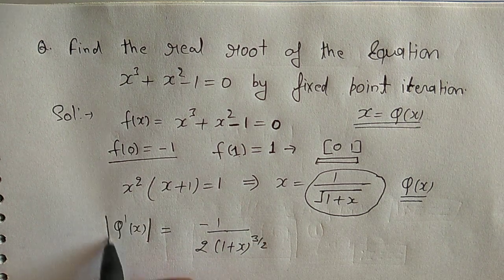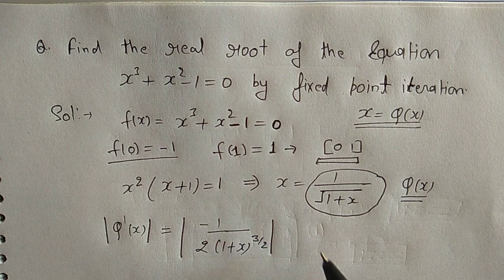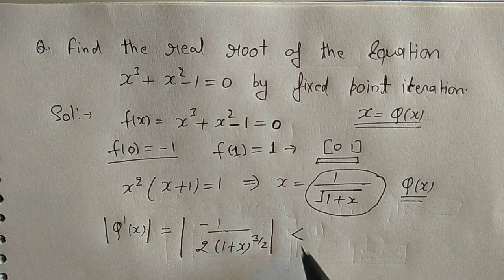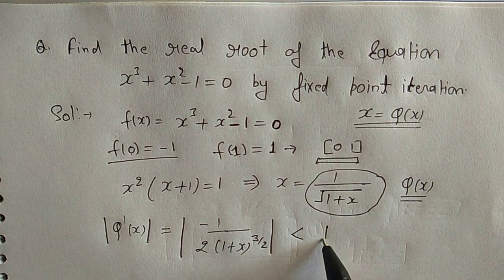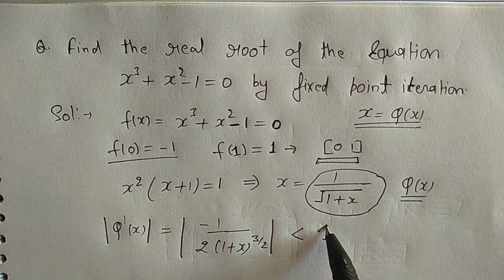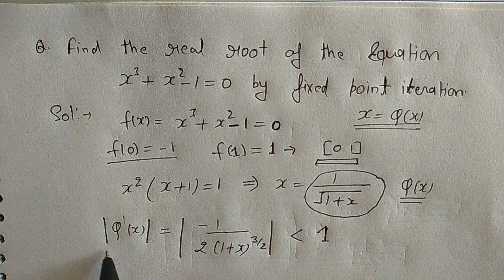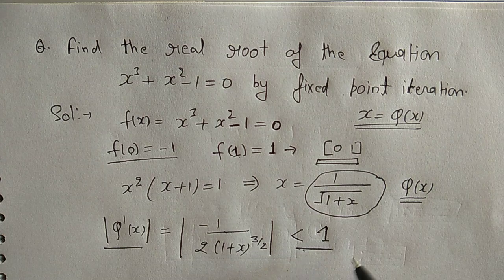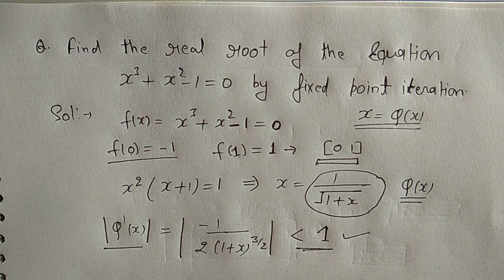If you take the mod, this will always be less than 1, because if you put 0 we get 1 by 2, and if you put 1 we get 1 by 2 into 2 power 3 by 2. So phi dash x is always less than 1, our condition is satisfied, and we can move on to the iteration now.